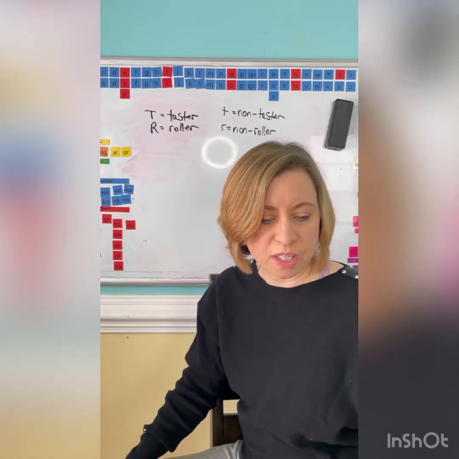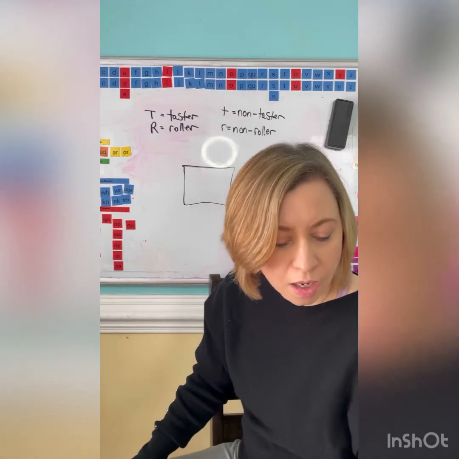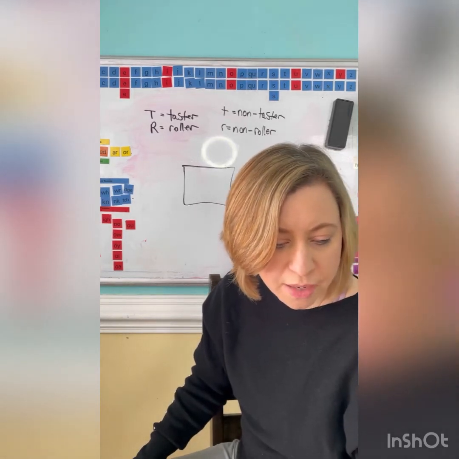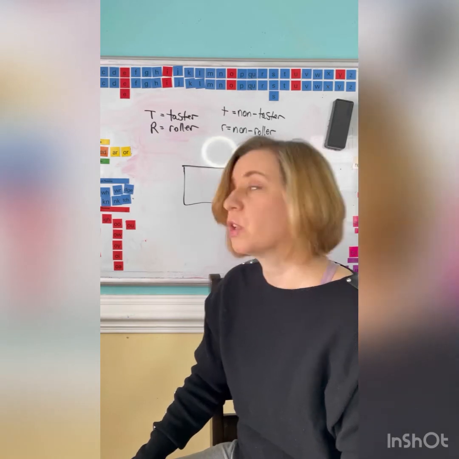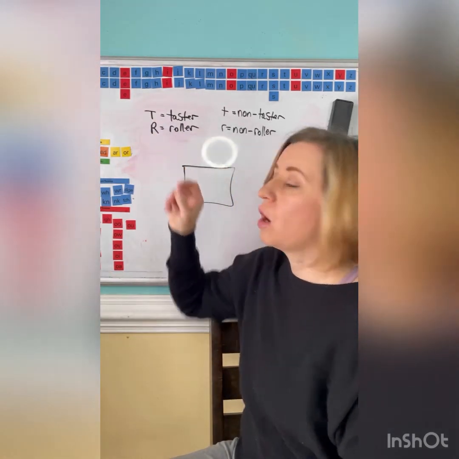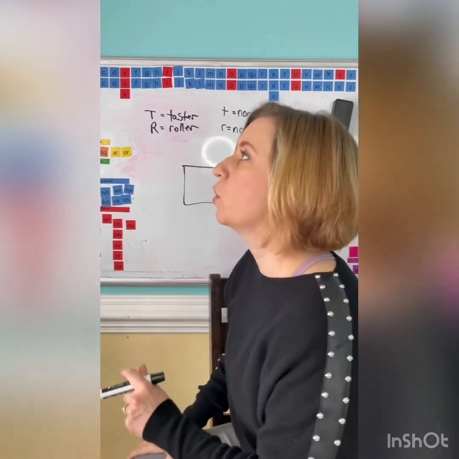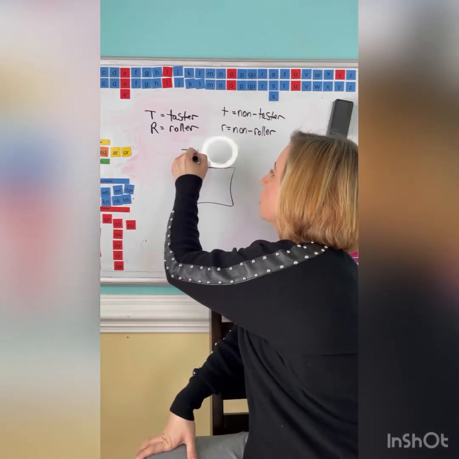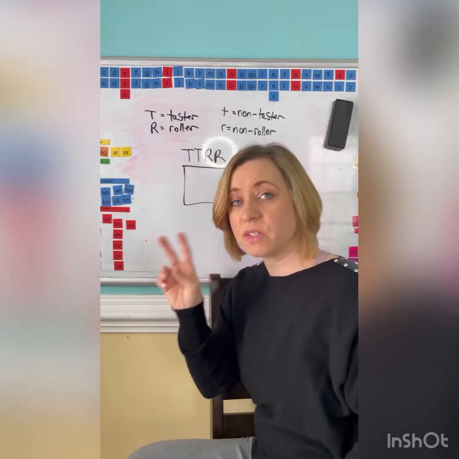So for the first thing in the procedure, it says that we have a man that is homozygous taster roller. So taster roller, homozygous means that they have the same genes for those. So we have a double big T and a double big R. Homozygous meaning the same.